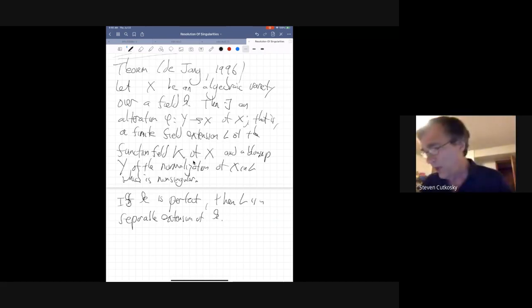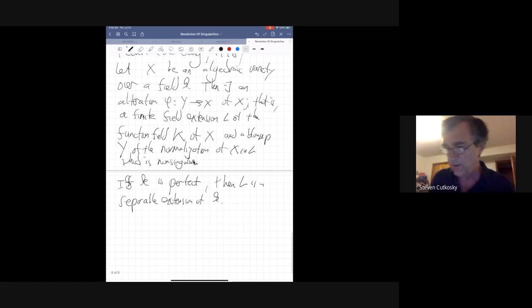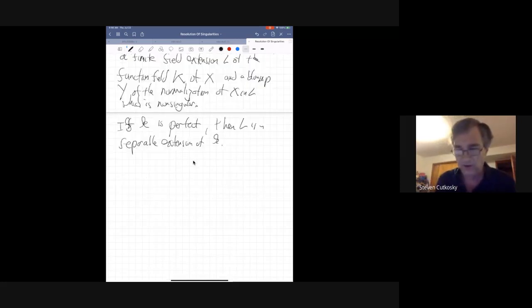Sometimes there's a lot of work involved, but you can convert a theorem which is true for a non-singular variety into a theorem about a variety which is not, or rather a theorem which requires resolution of singularities.